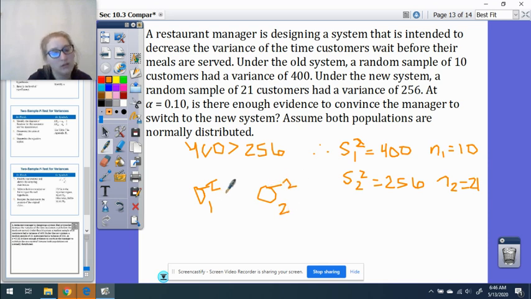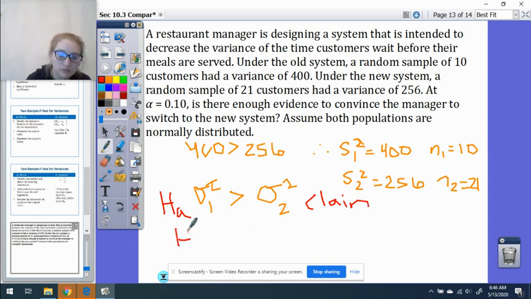So that would mean the variance for the old system is greater. Okay. So this is my null and my claim, my alternative and my claim. And so then my null would be less than or equal to.